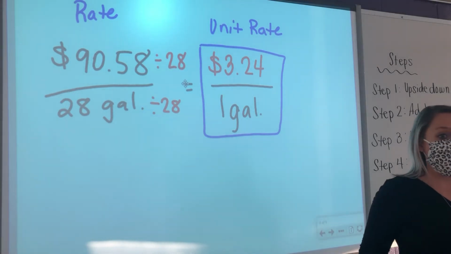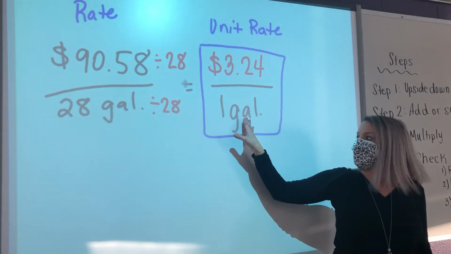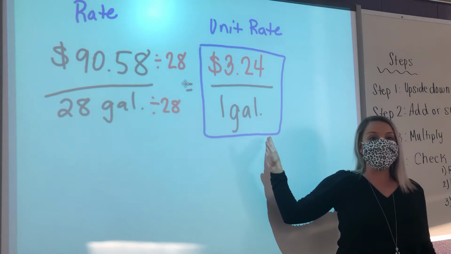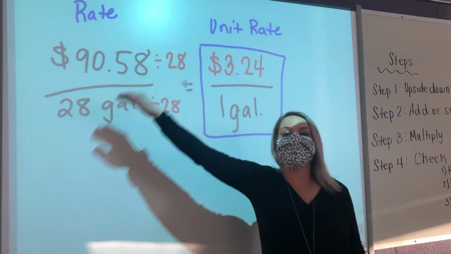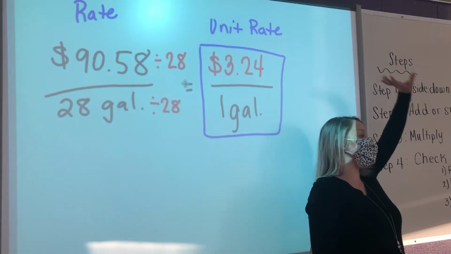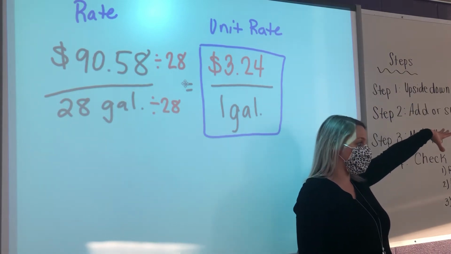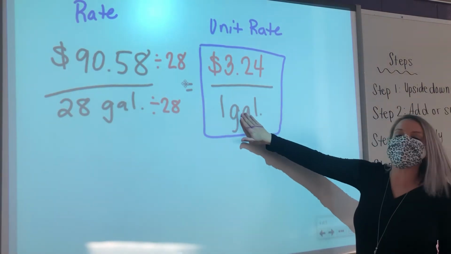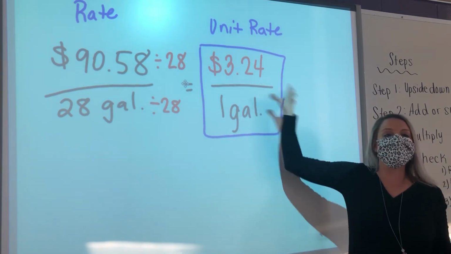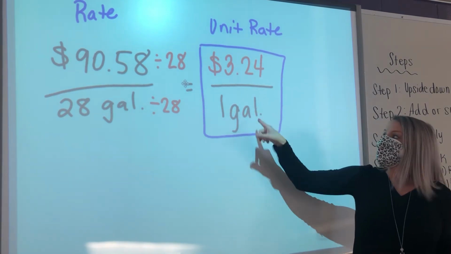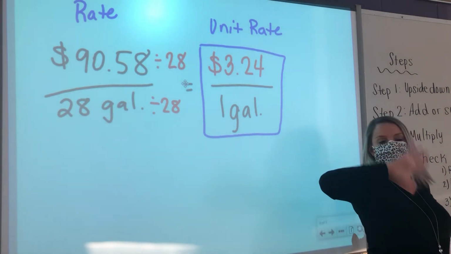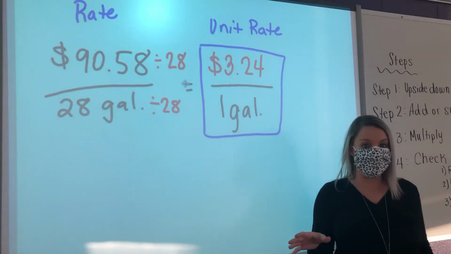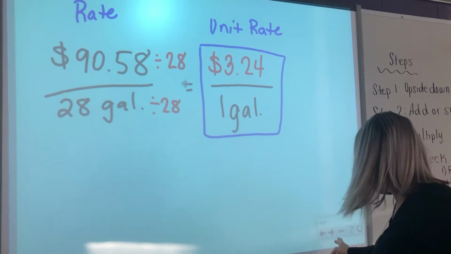So as long as you can get back home to 1, you can figure out how much 5 gallons is going to cost you, or 10 gallons, or 250 gallons. As long as you can get back to 1, you can go anywhere from 1. So this is our home base. This is where we're always going to go before we go anywhere else when we work with ratios.